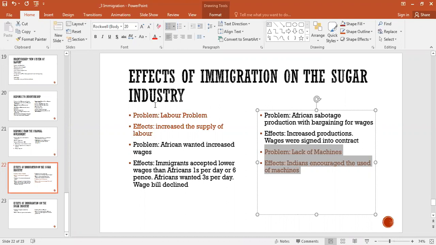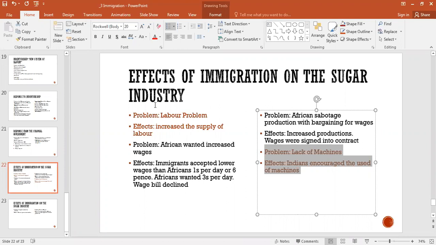And the next problem is that the sugar industry had another problem because Africans wanted increased wages and they could not afford the increased wages. And so with the immigrants coming in, the immigrants are going to accept lower wages than the Africans.